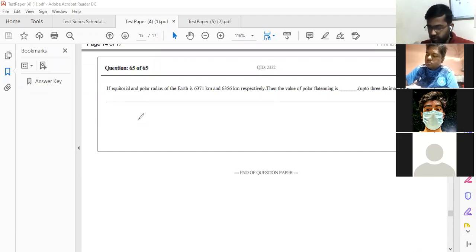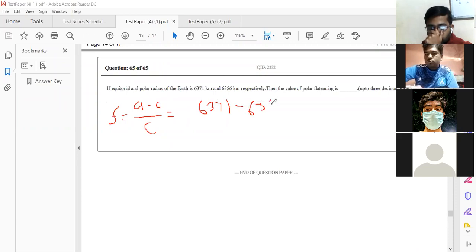Okay, so polar flattening F is equal to A minus C divided by C. A is your equatorial radius, 6371, and C is your polar radius, 6356, divided by 6356.